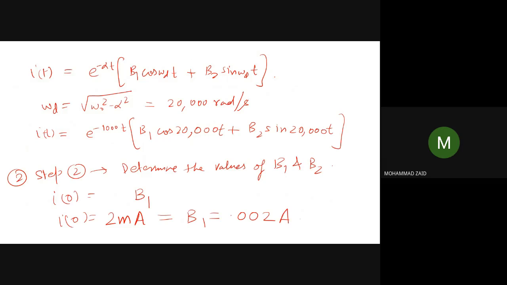We have calculated one of the values, B1. Now when B1 is known, how to calculate B2? For the calculation of B2, we need a second initial condition.